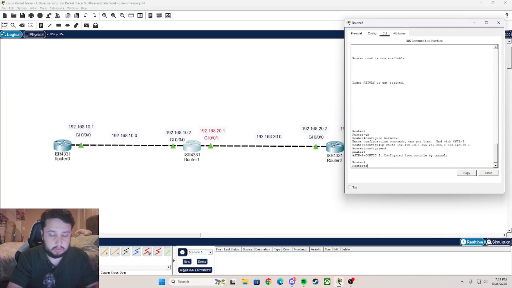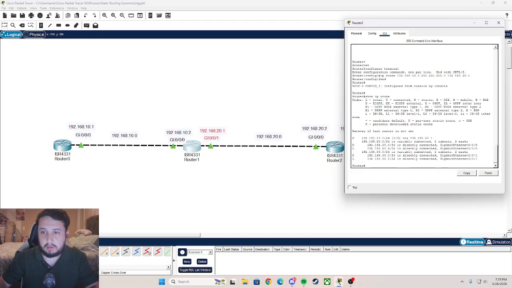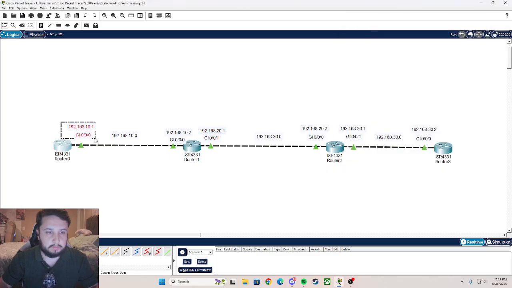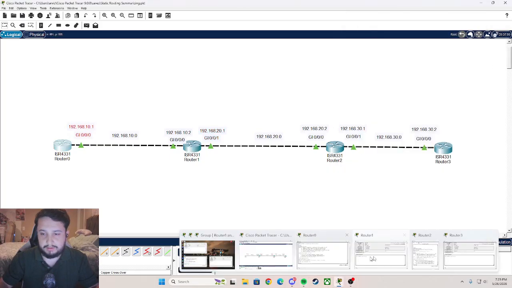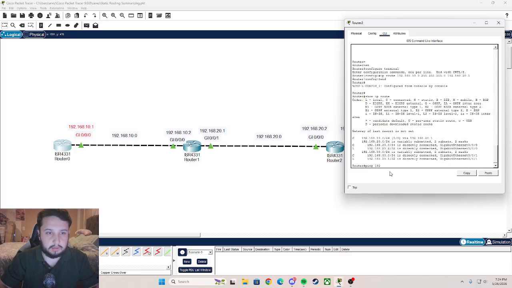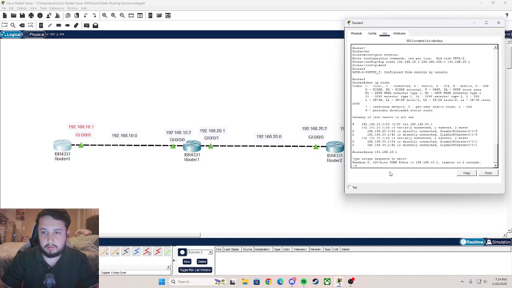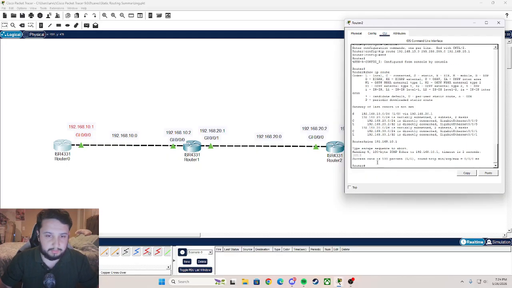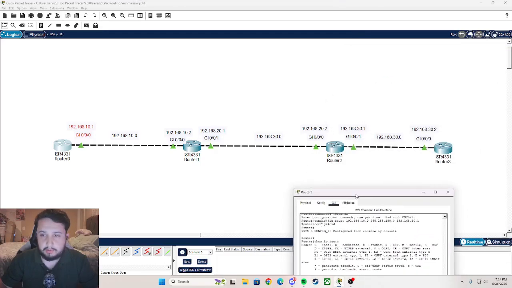Show IP route. See that static route is to 192.168.10.0. And then from here, I can ping just to ensure that this IP works. And you see, it worked. So that connection is fine.